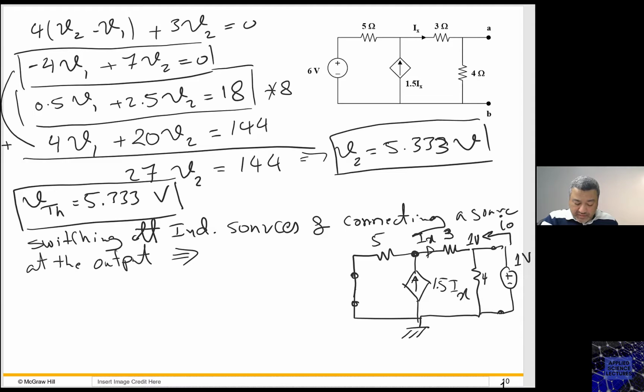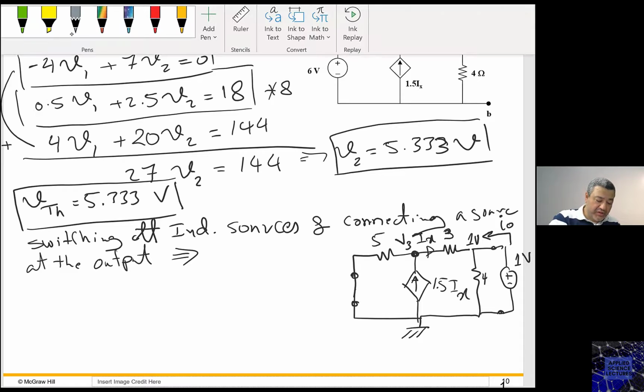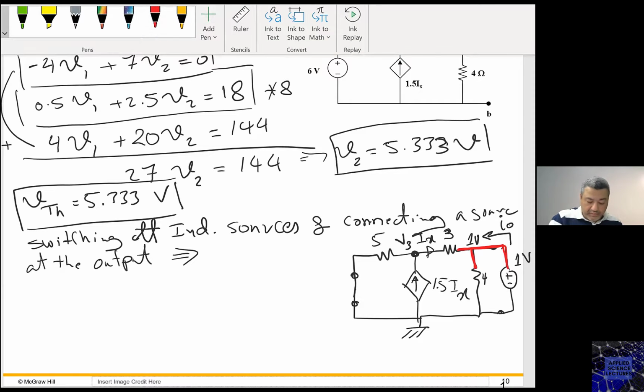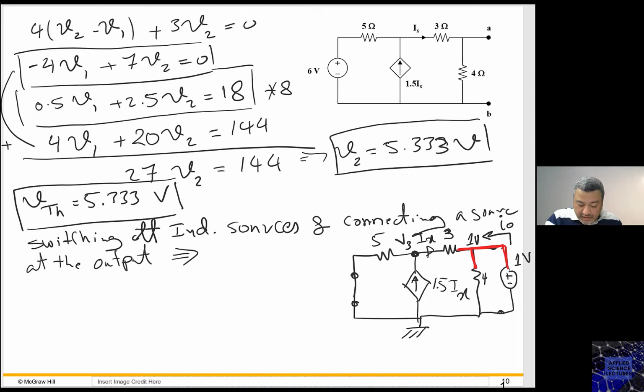I'm calling it V3. You can call it V1 again, it's up to you. Let me call it V3 just to be different. So I have only one nodal equation to do, because the voltage at this node is known. I need to write the nodal equation here.